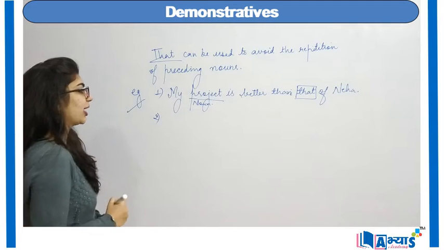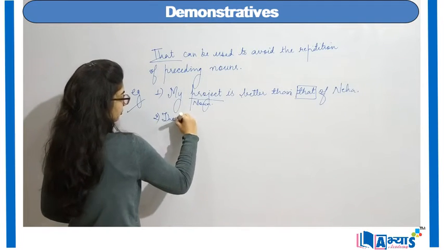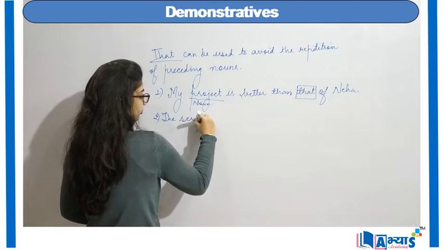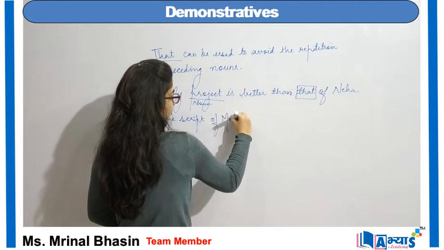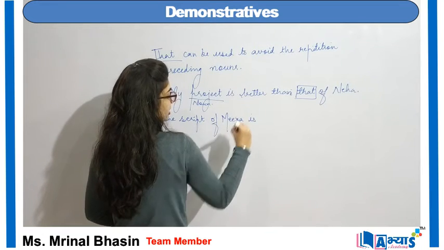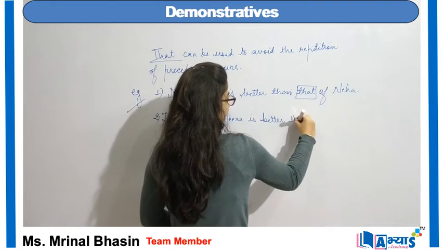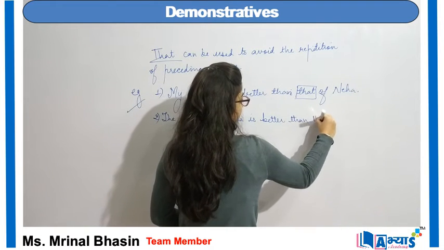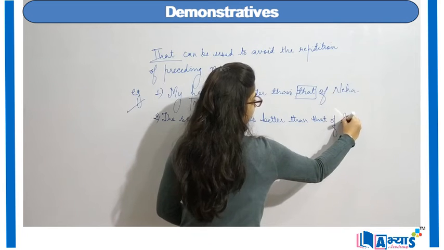Another example can be the script of Meena is better than that of Sneha.